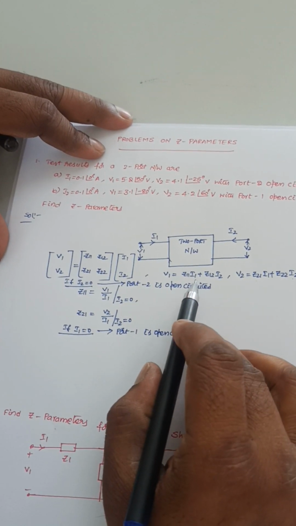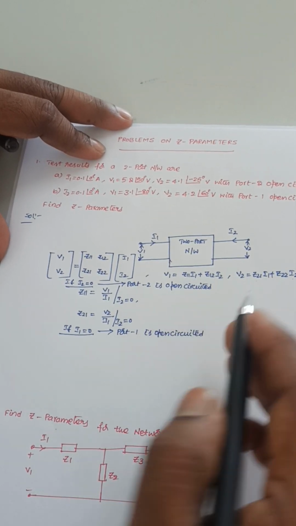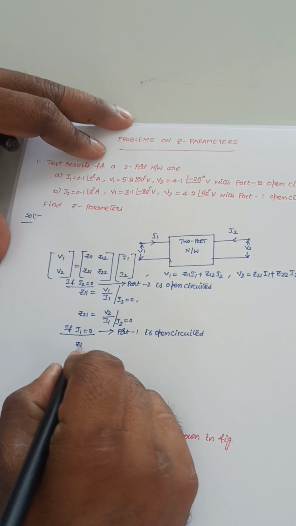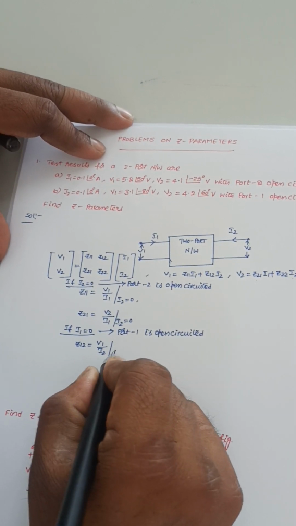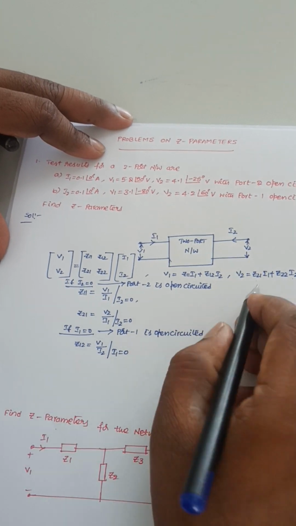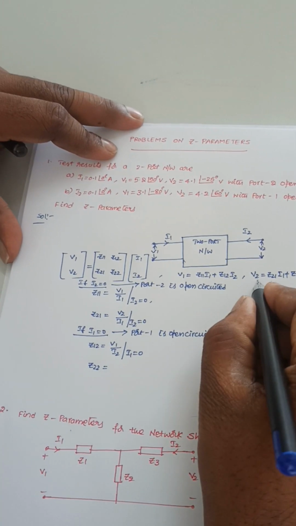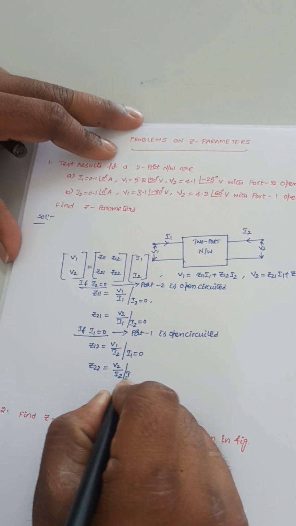If port 1 is open circuited, that means I1 is equal to 0. If I substitute I1 equal to 0 in these expressions, then I will get Z12 equal to V1 divided by I2 at I1 equal to 0, and Z22 equal to V2 divided by I2 at I1 equal to 0.